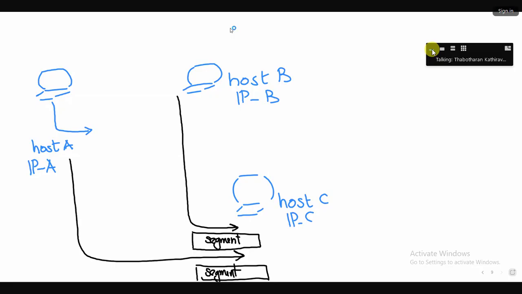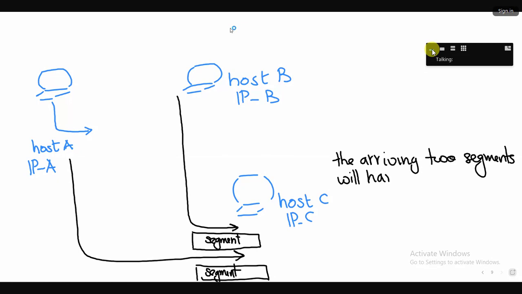The two arriving segments will have their own source IP and source port number.